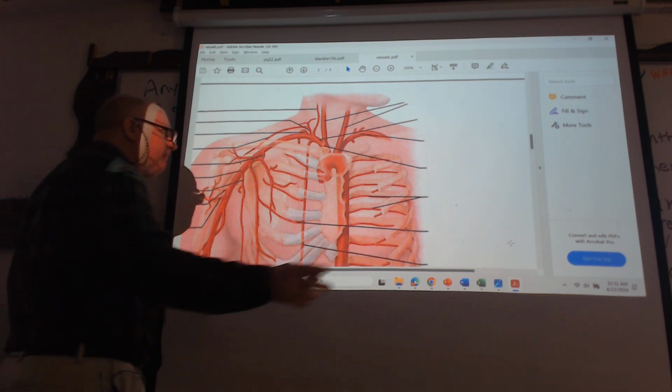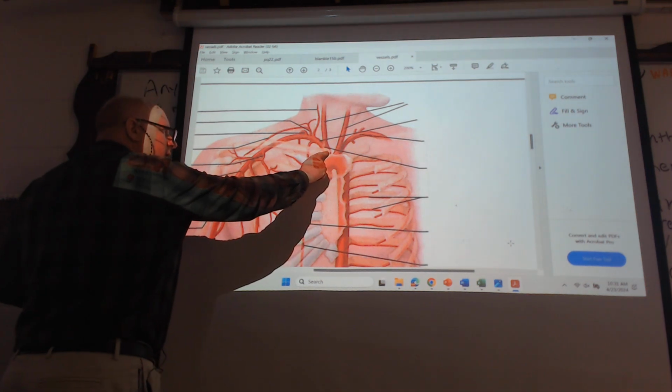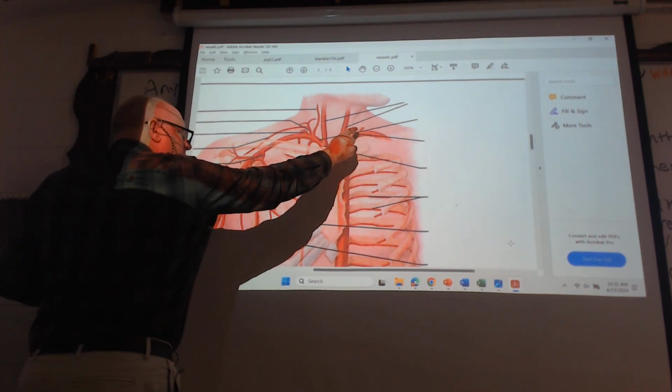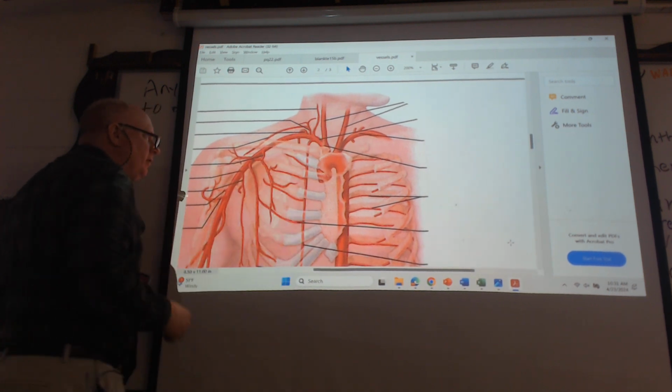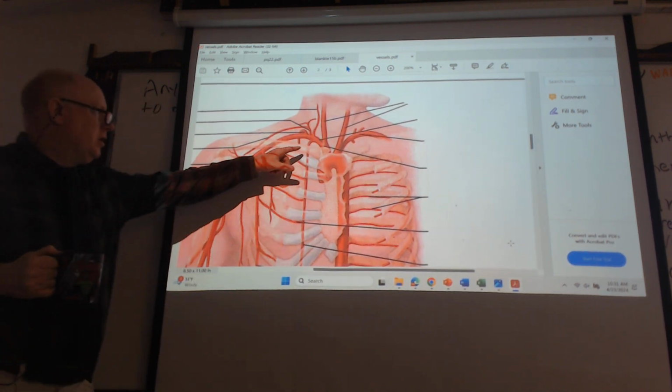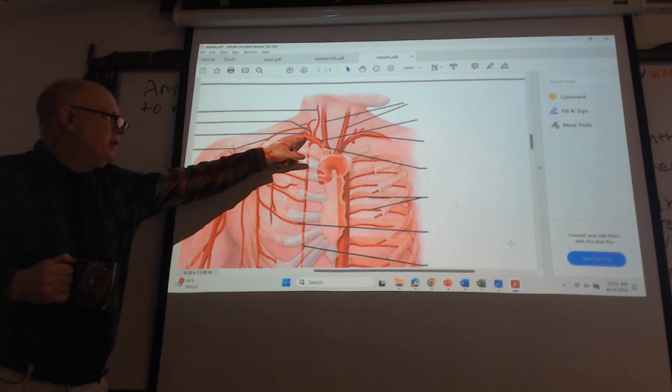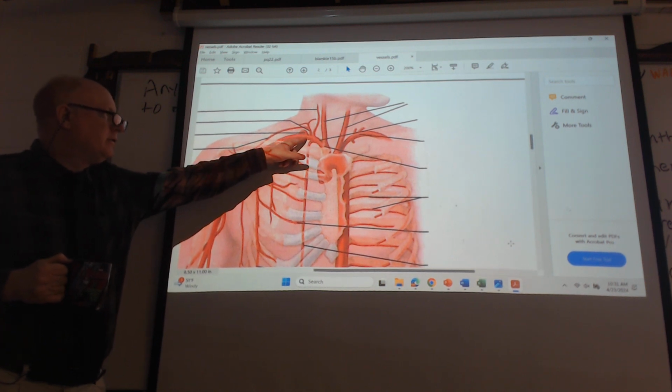So as we said, brachiocephalic trunk, left subclavian, left common carotid, okay, there would be your right common carotid. Okay, so what is this vessel branching off of here? This one here?